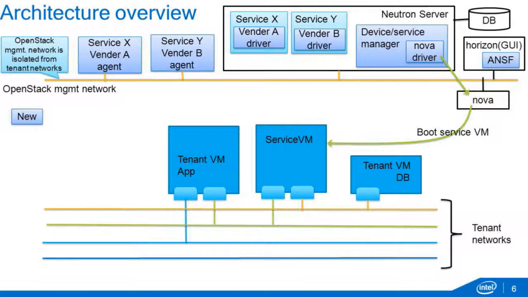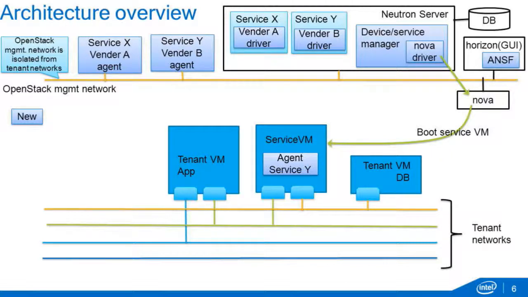Then virtual machines are created. Inside the virtual machines, the service will start inside VM. But at this point, there is no configuration in there. So this service is sort of a blank. So the configuration information needs to be inserted or injected into the virtual machines.